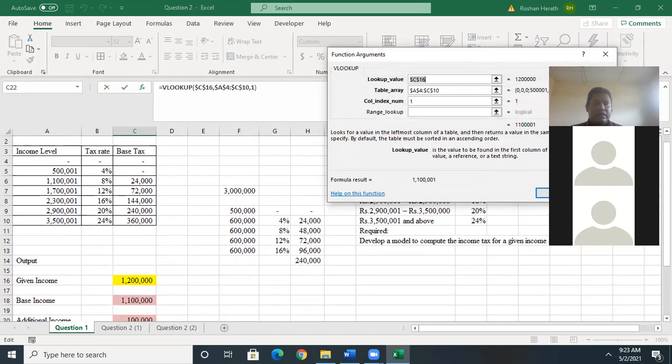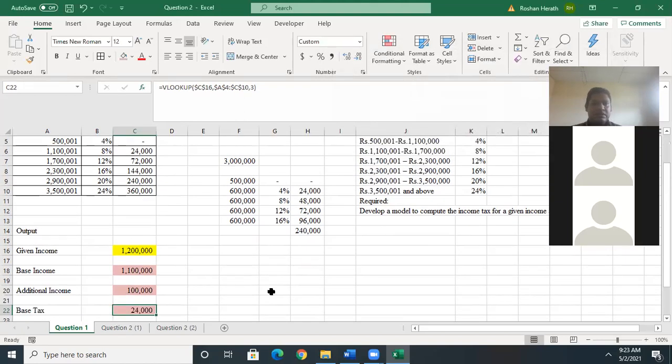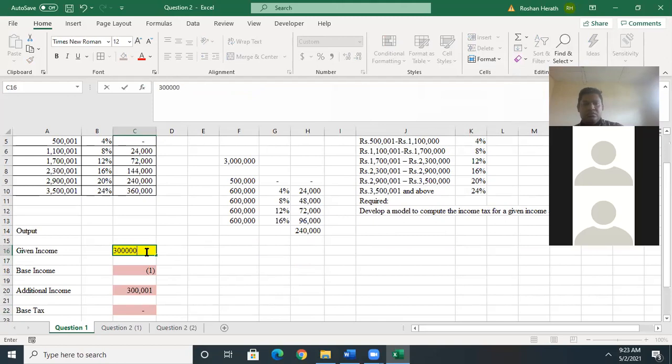In which column? It is actually the third column. Right, it is column 3. The same lookup value, the same table array, but the column index is different. So it comes as 24,000. Yeah, perfect. Let's make it 3 million. Yes, it's 3 million. There it comes.